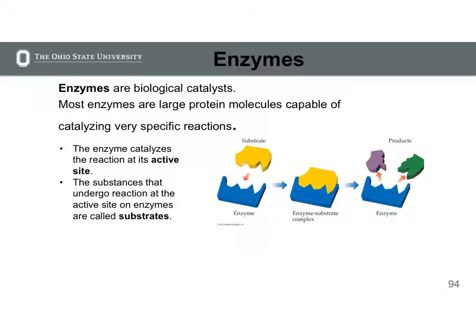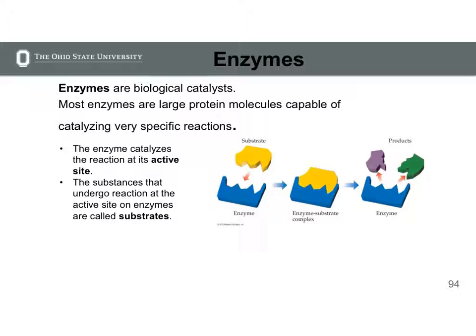And then enzymes. So enzymes are just biological catalysts. They're usually very large proteins, and they catalyze very specific reactions. There's a huge number of enzymes. The kinetics associated with those are really interesting.